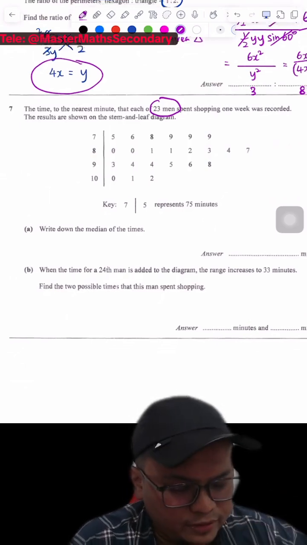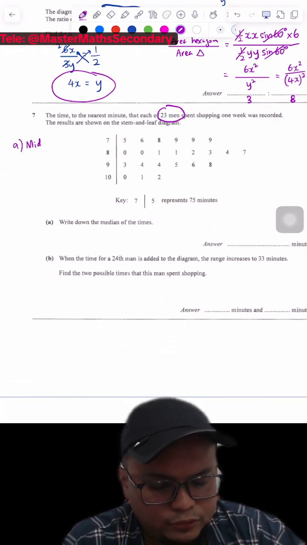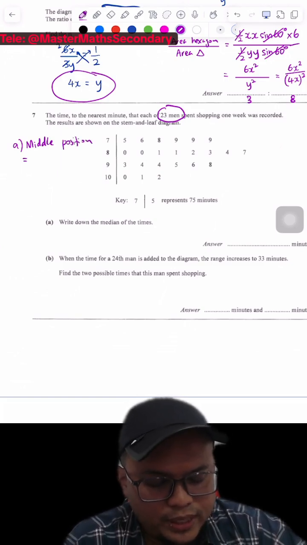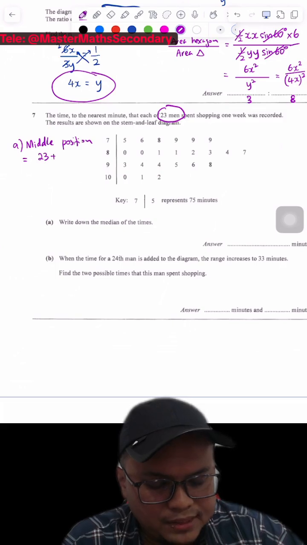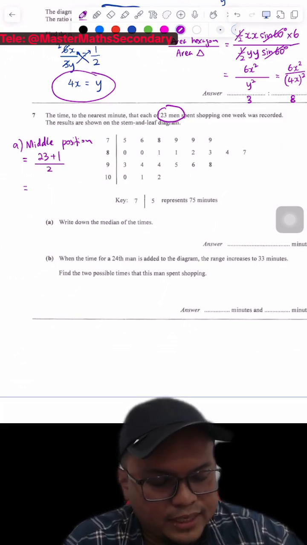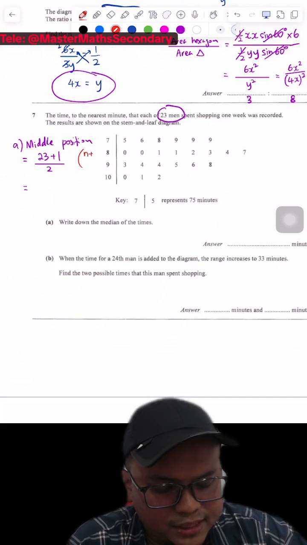To find our middle position, let's do part A here. What we will do is take 23 men, because that's the number of data points that you have, plus 1 and then divide by 2. This is the standard formula. Maybe I write it in red at the side. It's actually n plus 1 divided by 2.